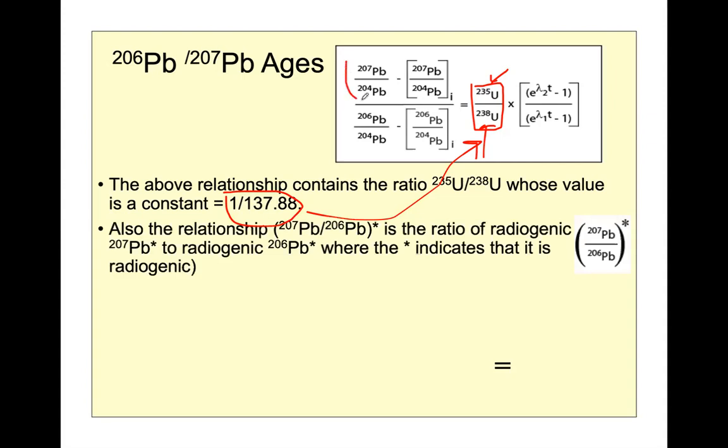That means this term, 207/204 measured, that is the present-day measured value, minus the same for the initial value. So what is this? Measured minus initial means what? Can anybody tell me?